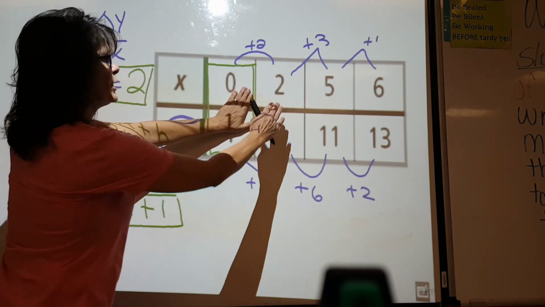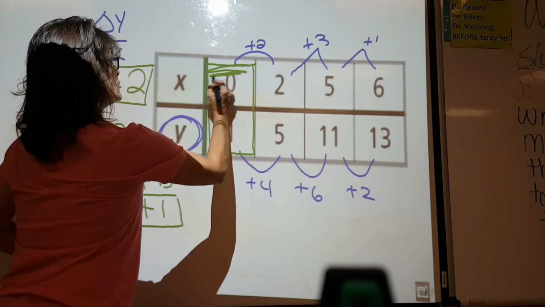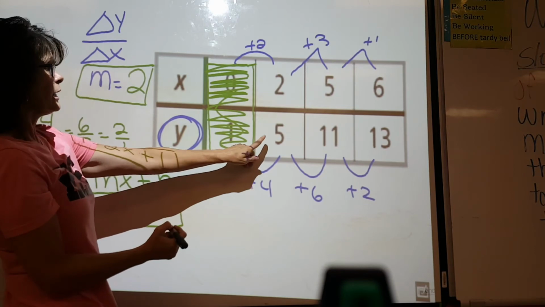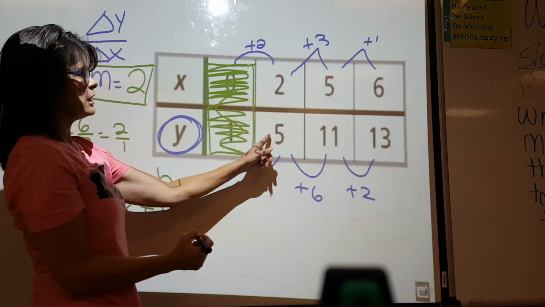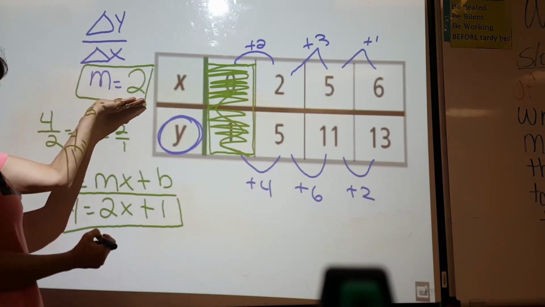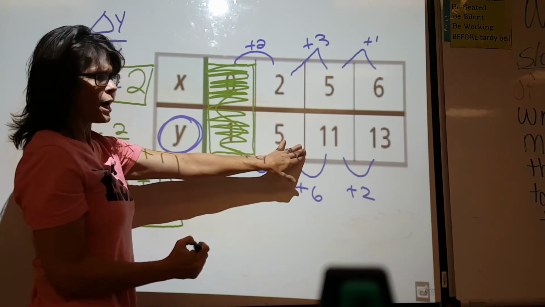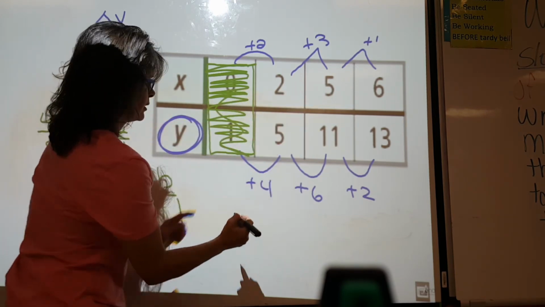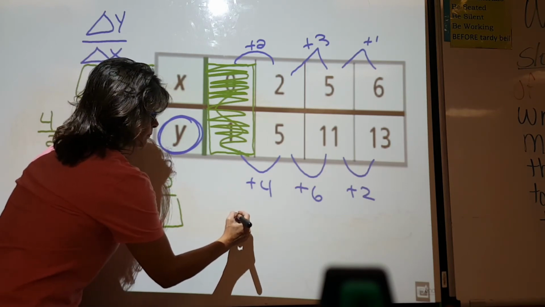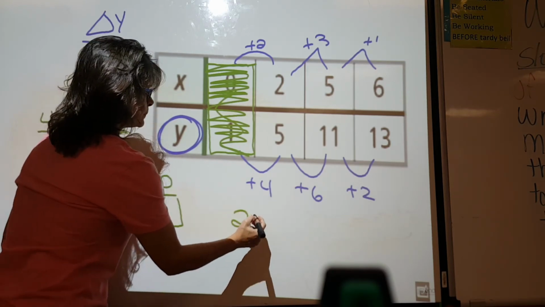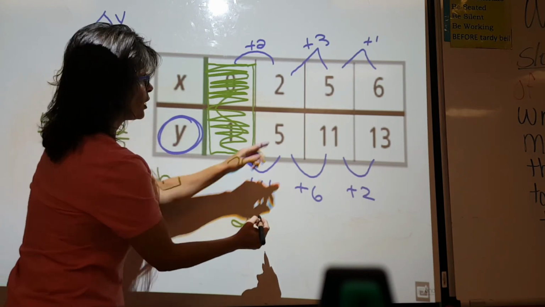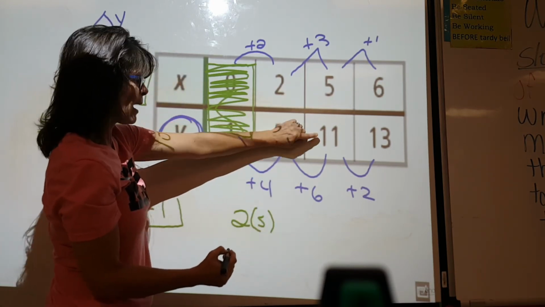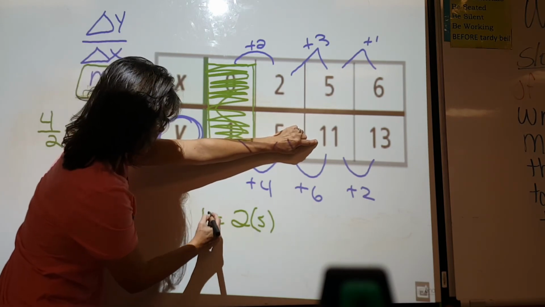So right here, I'm going to pretend that this is not here. You can't see it anymore. It's not here. So I am going to use these with what I know about my slope to try to find my y-intercept. So when x is, I'm going to go when x is 5. So I know that I have a slope of 2, and I know that x is 5, and I know that whatever happens, it has to equal 11.